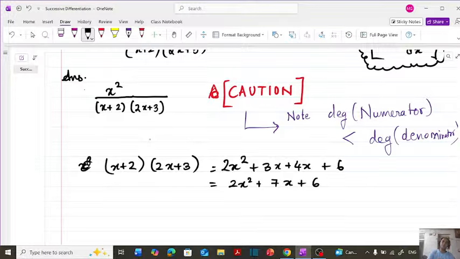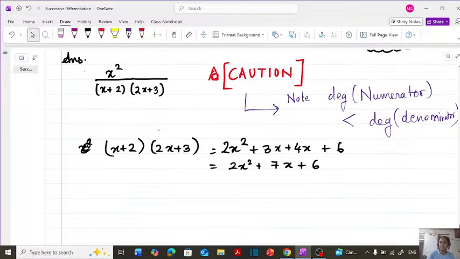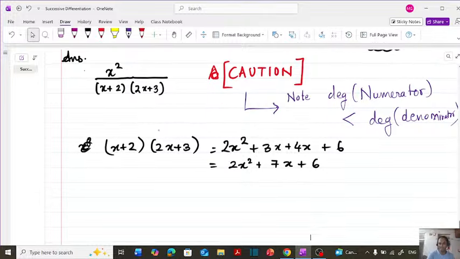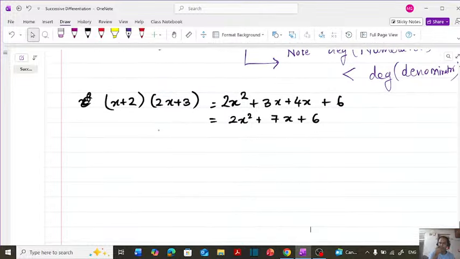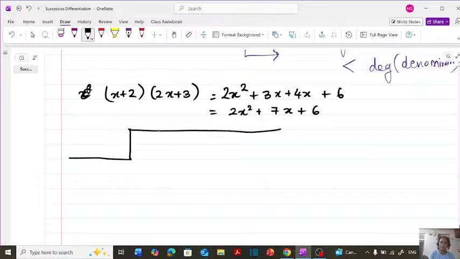Now, because the numerator and the denominator degree is same, we can do the actual division and then get our answer. So we will have to actually perform a division here. You have 2x square plus 7x plus 6, and then there is x square over here.